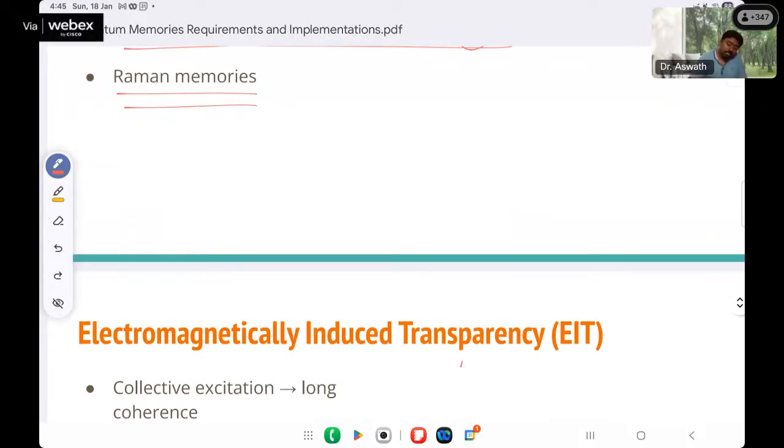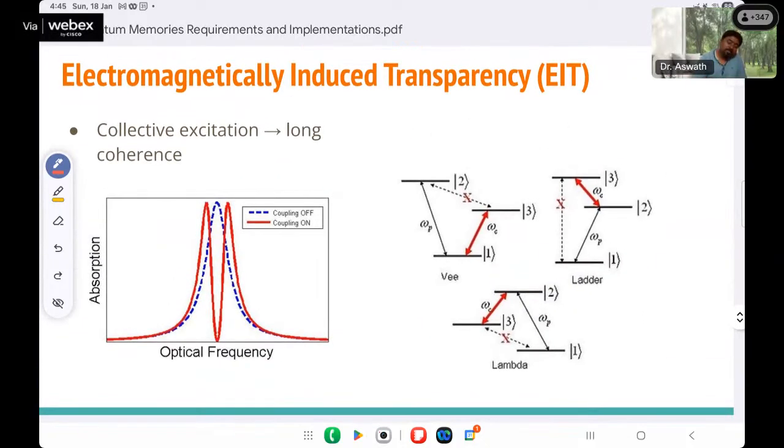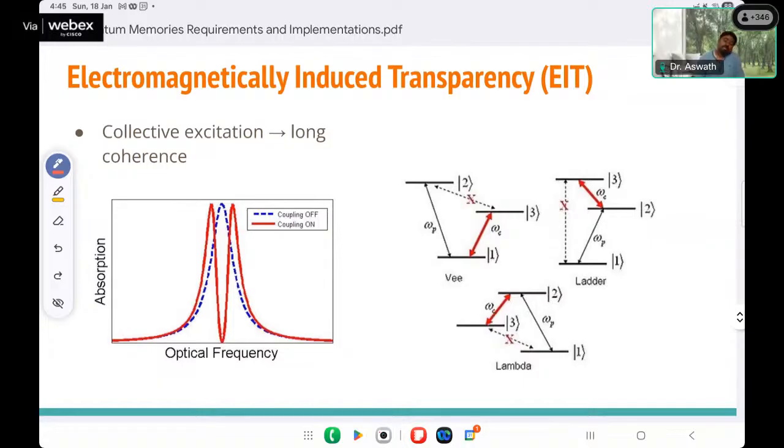So let's quickly understand what the EIT, electromagnetically induced transparency memory, is. Take just a three-level atomic system, let's say levels one, two, three. I can have quantum electronic state transitions in such a way that they happen in a V form.